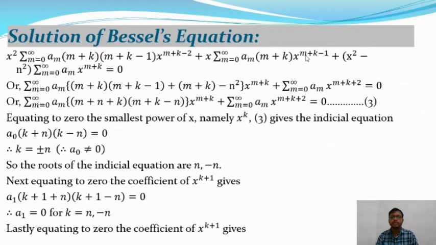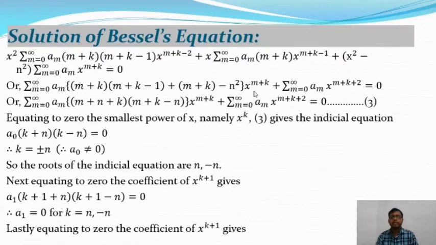Okay, minus n square. So after multiplying by x square on the first summation, x on the second summation, and n square on the third term, we get summation over m equal to 0 to infinity a_m into [(m plus k) into (m plus k minus 1) plus (m plus k) minus n square] of x to the power m plus k.